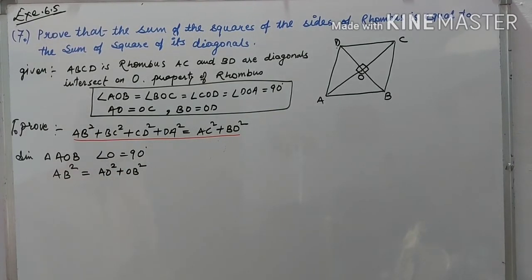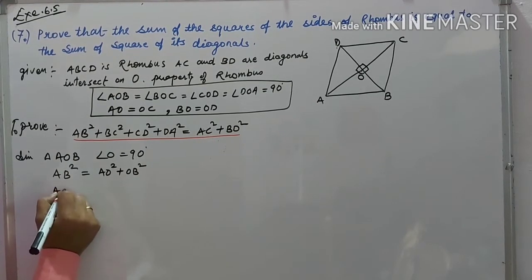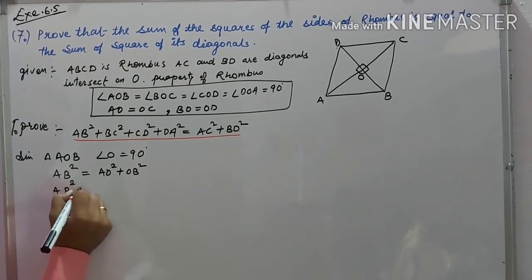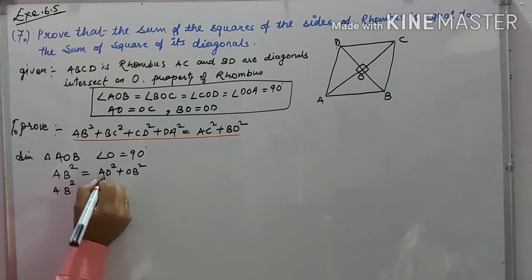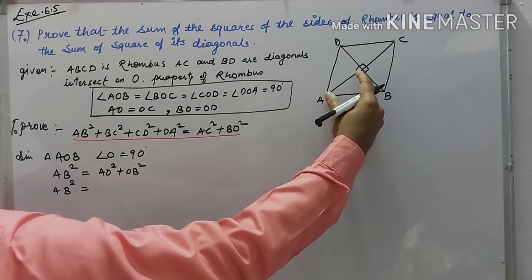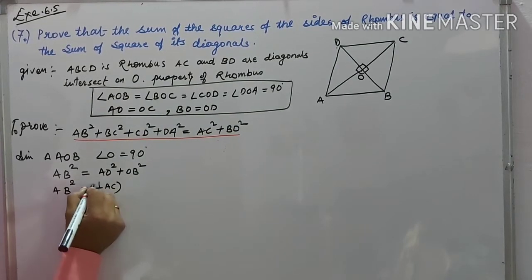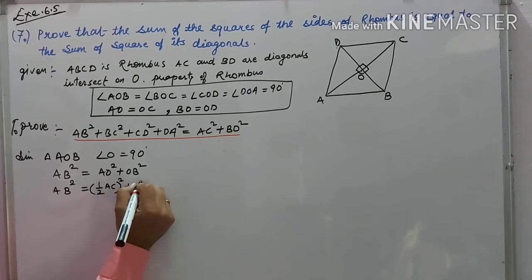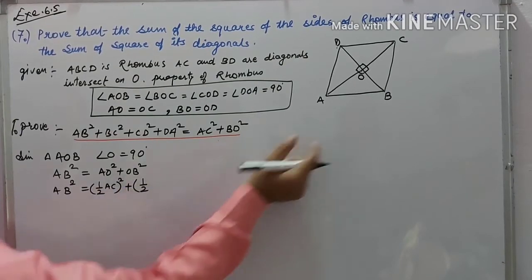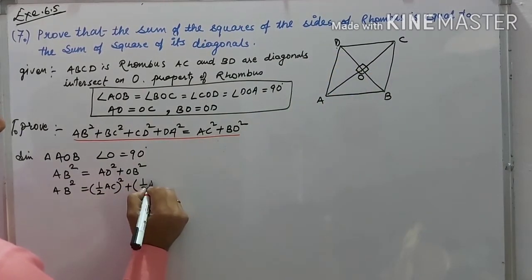So you write AB square is equal to OA square plus OB square. What is the OA? OA is half of AC. So it means 1 upon 2 AC square plus 1 upon 2 OB square. OB is half of BD.